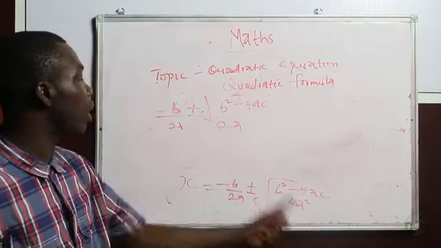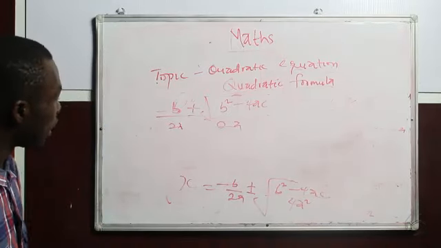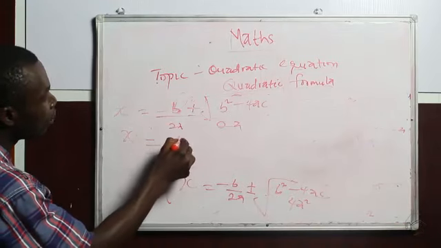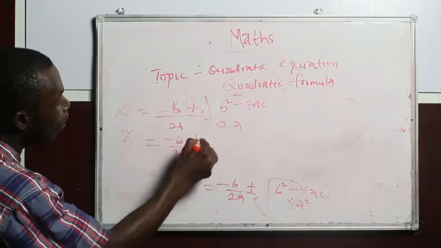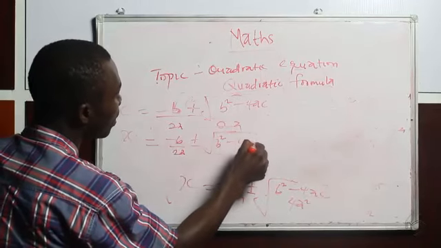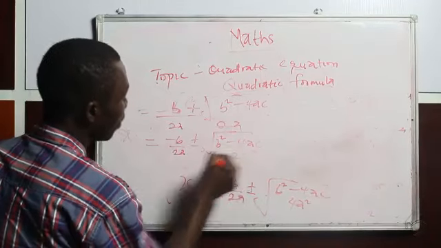The root of 4a squared will give us 2a, which is our x. x is equal to minus b over 2a plus or minus root b squared minus 4ac over 2a.